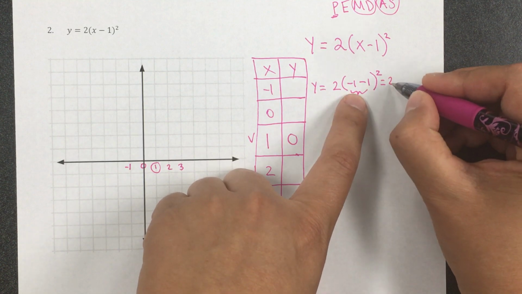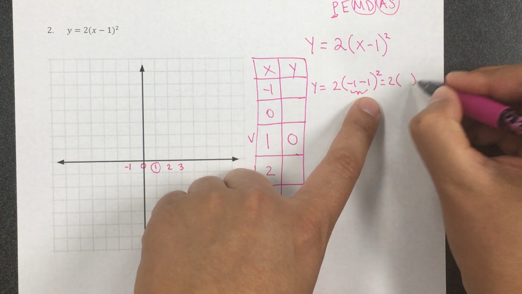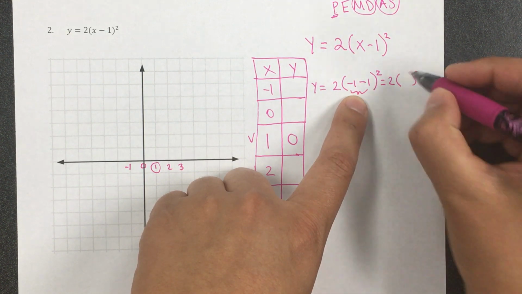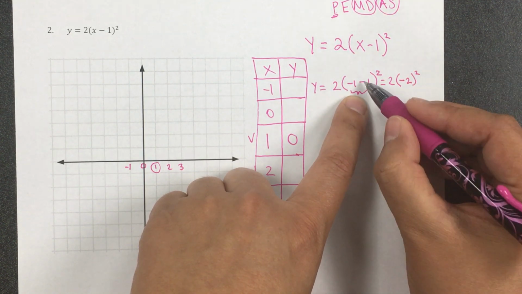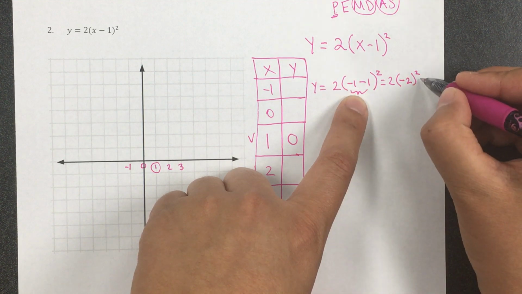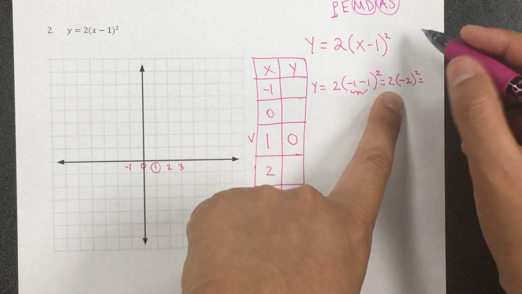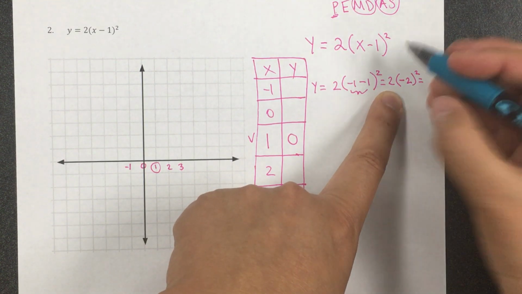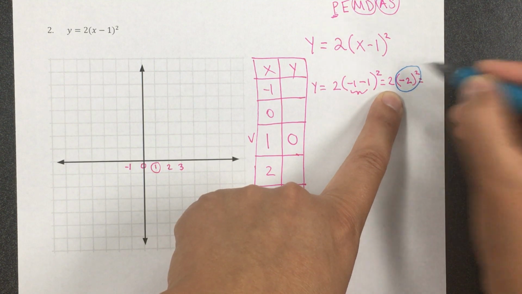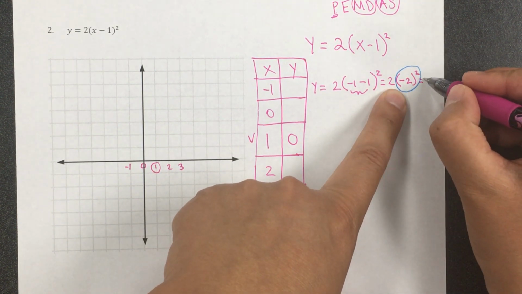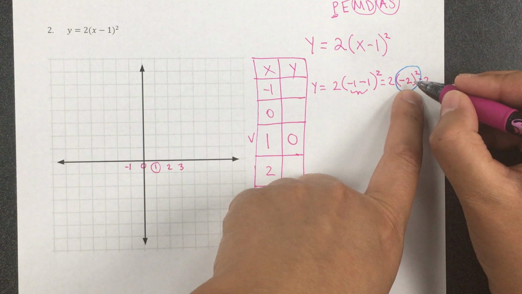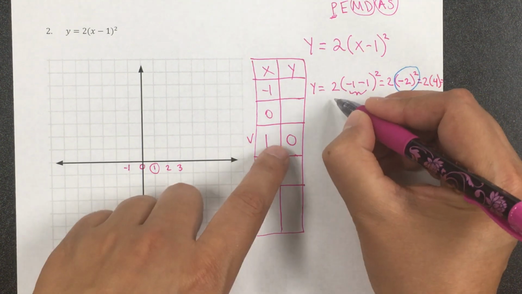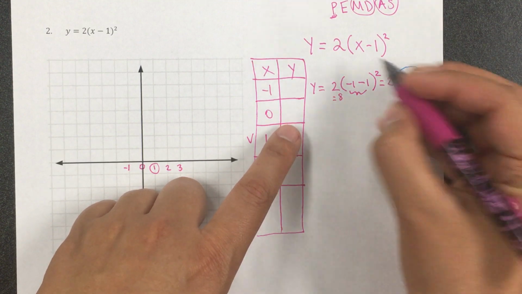So in here, I bring the 2, I bring the square, but then I do the parentheses, which is -1 minus 1 is -2. It's like adding negatives. And then the second part is exponents. So I have to do this part first before I do the multiplication. So it's going to be 2 times -2 times -2 is +4, which gives me 8. That's my answer for this one.